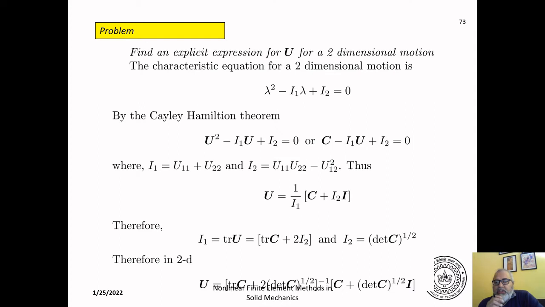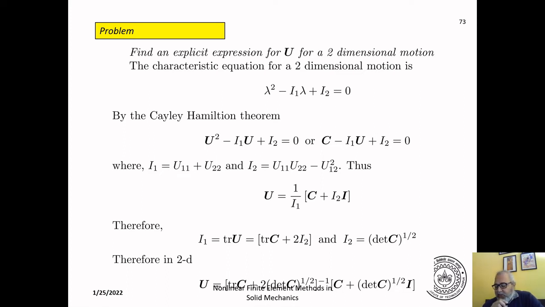To use the concept of polar decomposition effectively, which we will need to do when we learn about hyperelastic materials later in the course, we need to understand the Cayley-Hamilton theorem, which you may have studied in your linear algebra course.